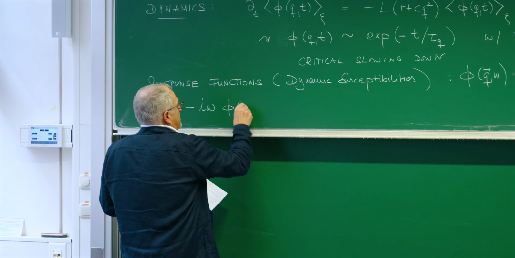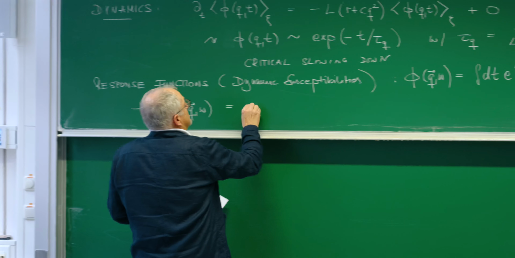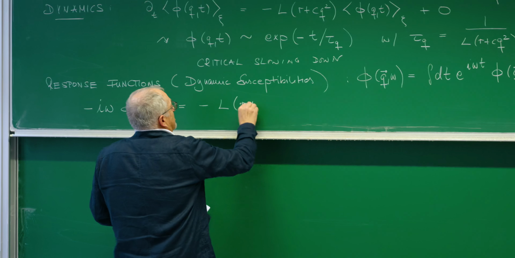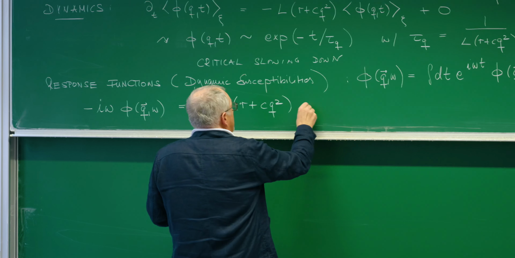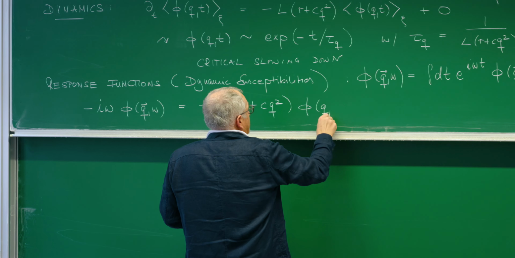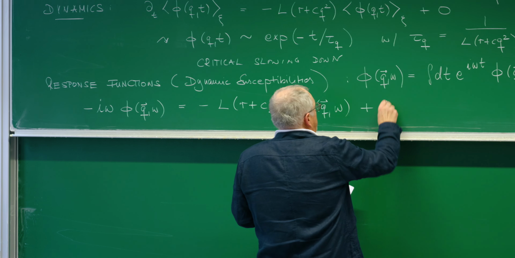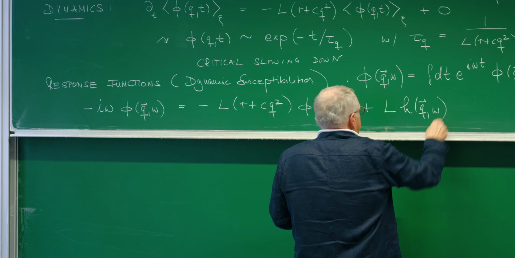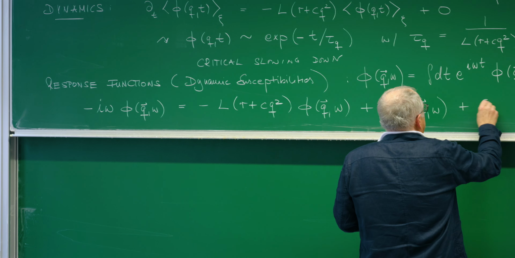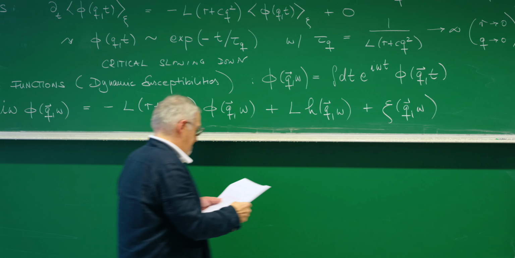So minus i omega phi of q and omega is equal to minus L(r + cq²) phi of q and omega plus the external field plus the noise.